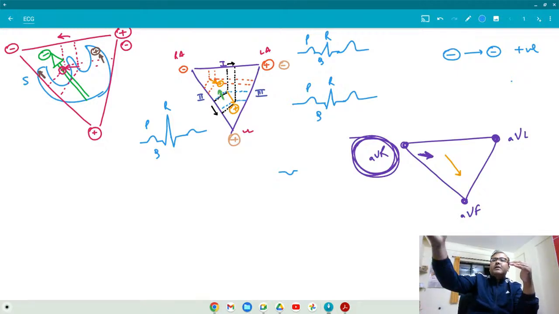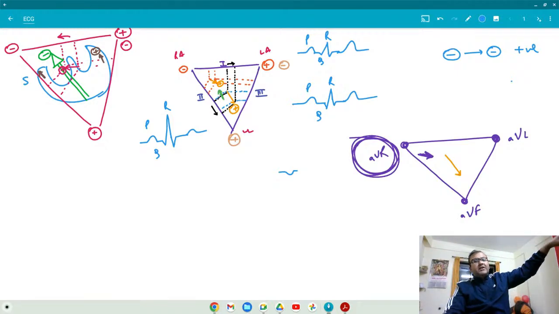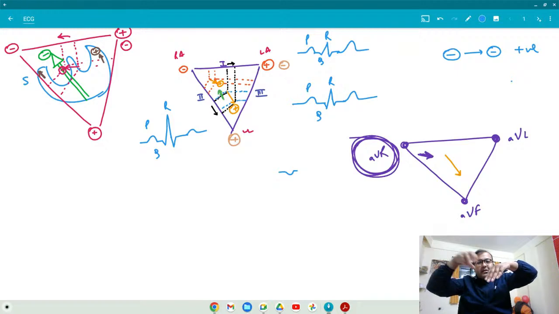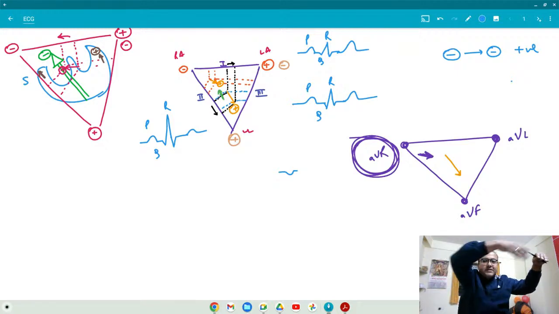If there is a train moving in this direction and you are standing over here, you will never be able to see the head. But if the train is moving in this direction and you're standing here, will you be able to see the head of the train?